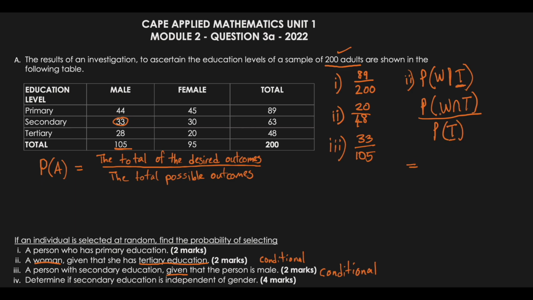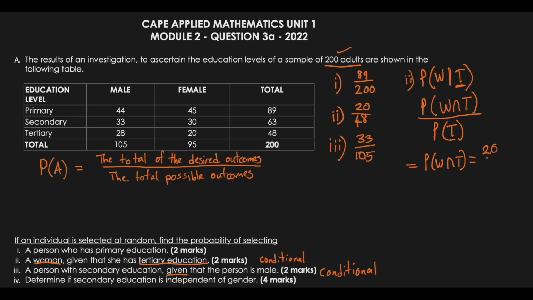So bearing this in mind, what is the probability of selecting a woman who had a tertiary level of education? So we're looking for a female who has a level of tertiary education. As you can see here, it would be 20. But remember, in this context, we're looking at the overall, because we're just looking for a woman who has tertiary education, not in a specific group, but just in general.